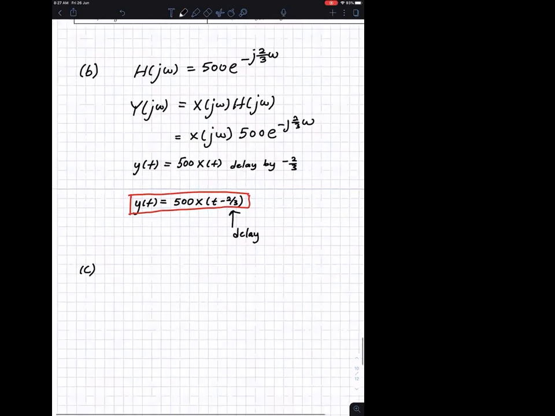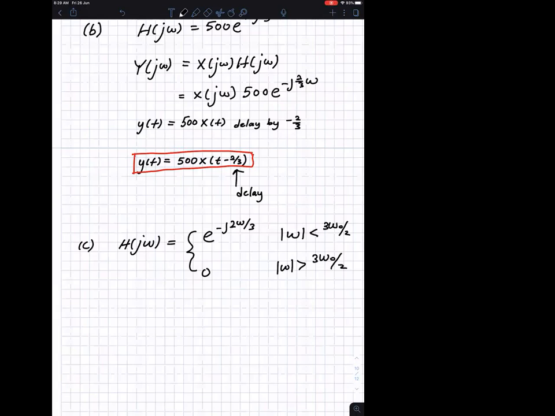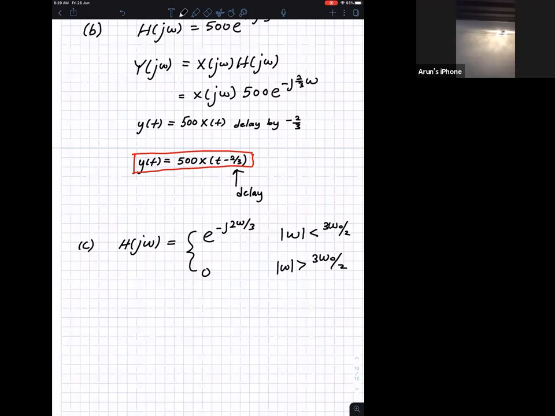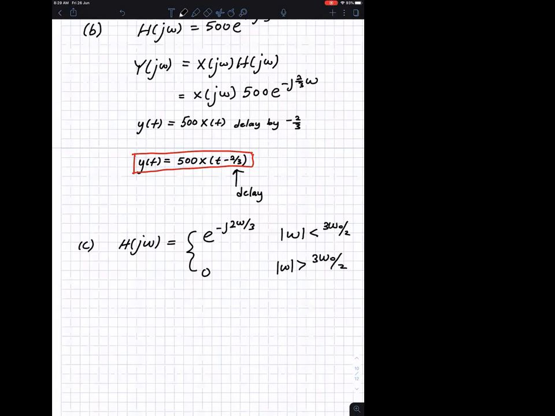Next one. So you just focus on this part here because this part is 0. Okay.